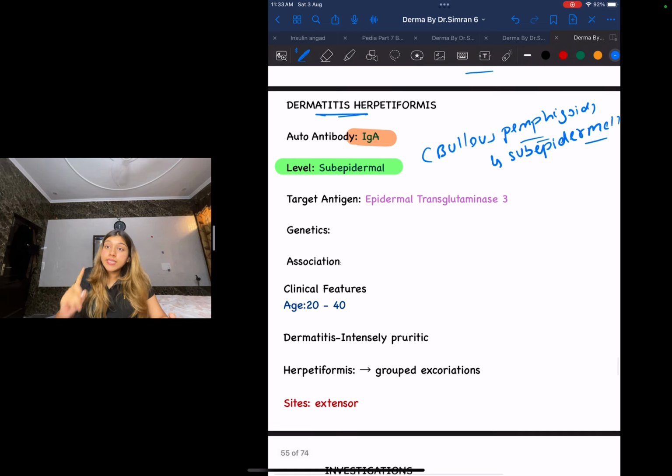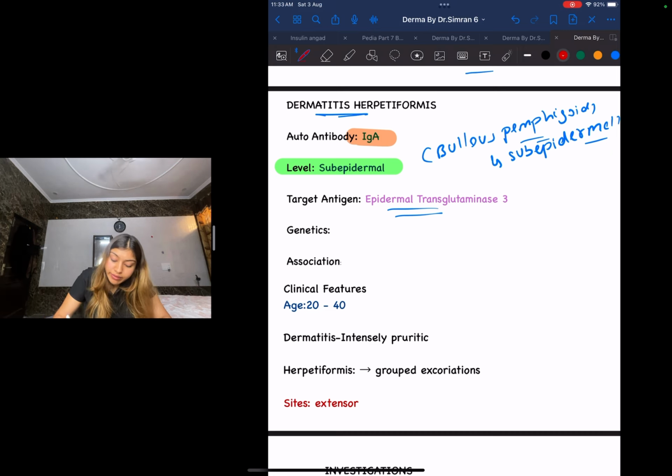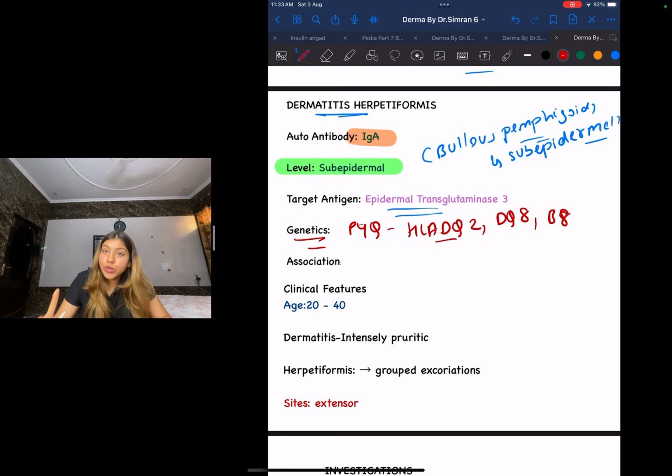What is the target antigen, guys? Very important. The target antigen is going to be epidermal transglutaminase 3. What is the genetics related with it? Very, very important. This is also a PYQ. It is going to be HLA-DQ2, HLA-DQ8 and B8.